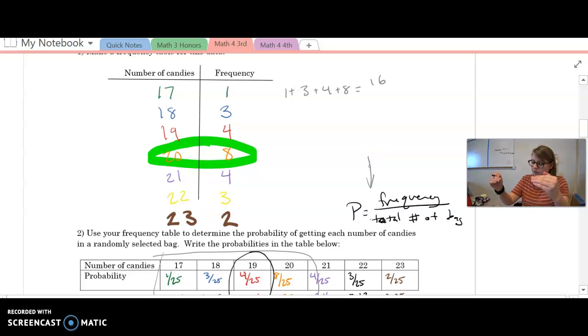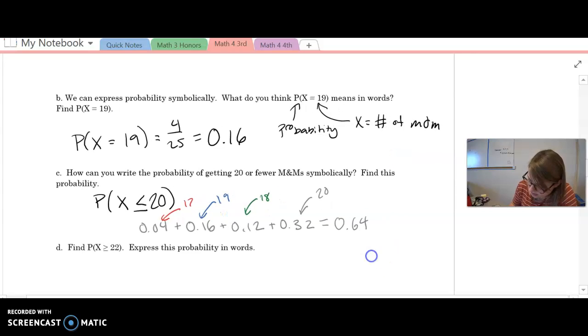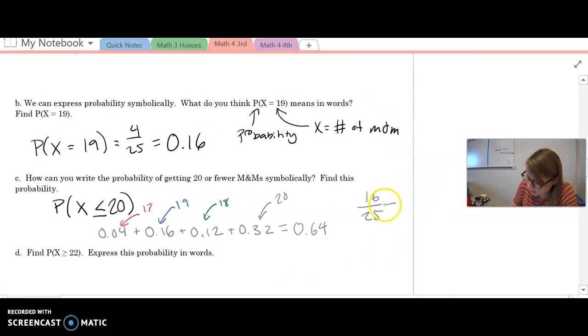We put the frequency over the total number of bags. So we would do 16 over 25. And if I put that into a calculator, again, I would get 0.64. So those are the two ways that we can do this.